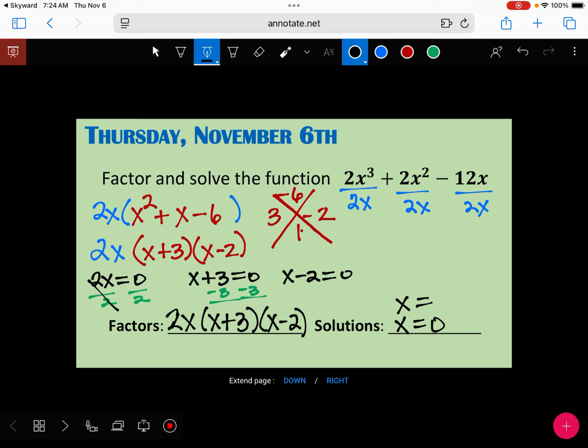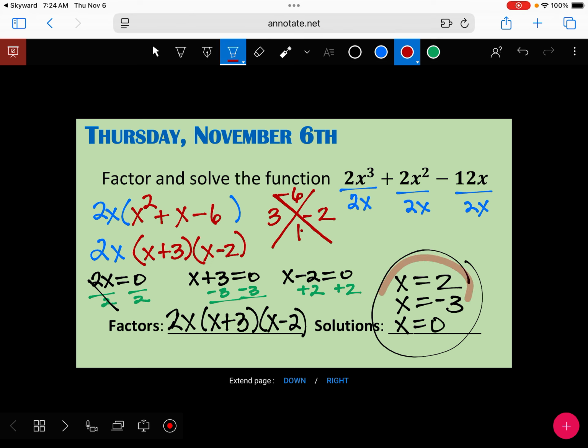And then for our last one, we have to add 2. And that would be x equals 2. And that would be your solution. So these are my 3 solutions. And these are my 3 factors.